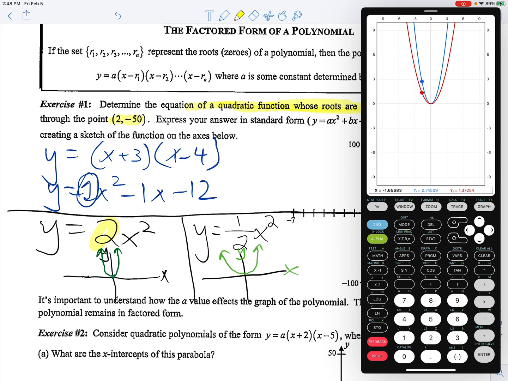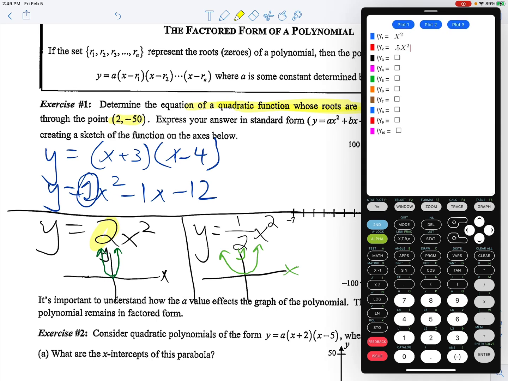I said it's becoming closer to the y-axis. That's true, but there is another way to look at it, and that's what I meant in terms of explaining those graphs. Like I said, we'll do that in the next unit.